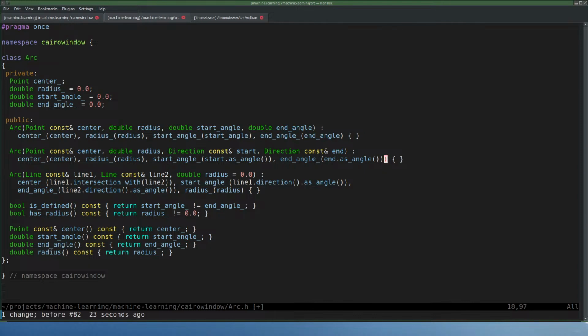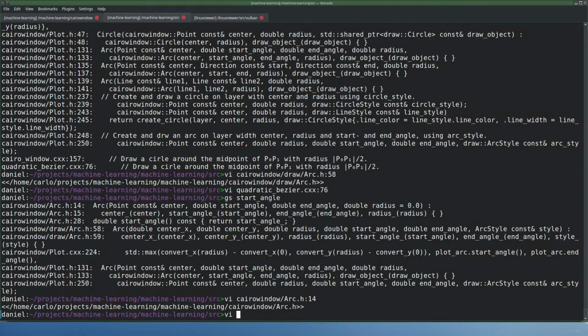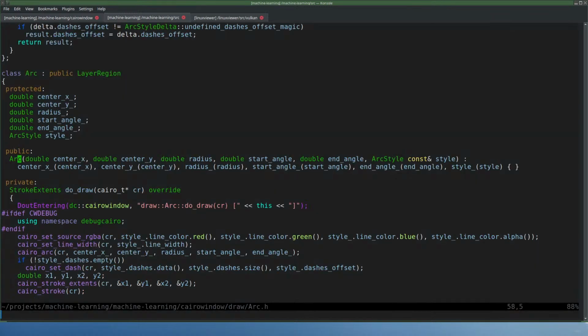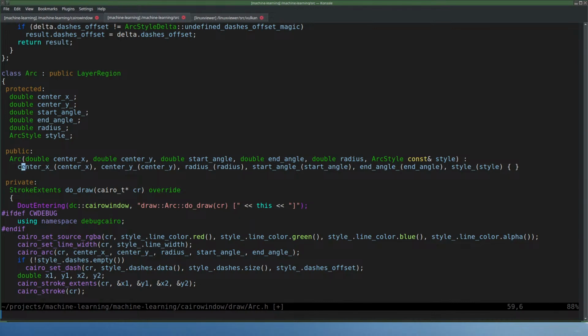Yeah, I'm gonna do that. Sorry, change it all back. Let's put radius at the end everywhere instead. Just change this.